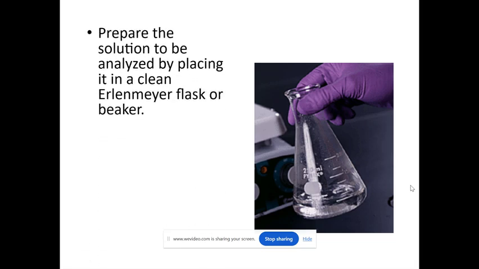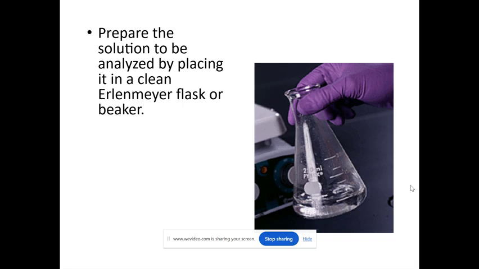Okay, and then you prepare the solution to be analyzed by placing it in a clean Erlenmeyer flask. That might be a little bit tricky. We need to clean our flasks, so we're going to get some clean flasks or beakers. If we don't have enough flasks, we'll get some beakers and take your unknown solution and take a specific volume.